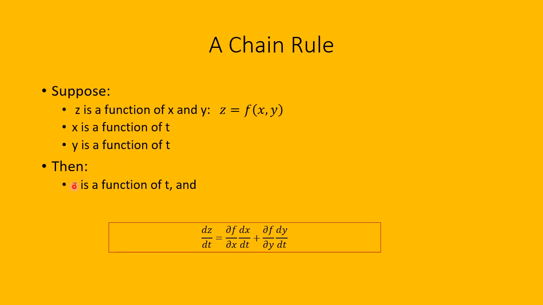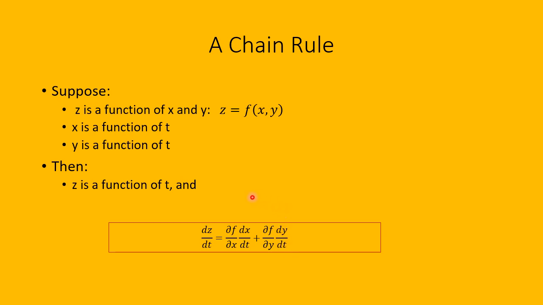Then we can consider z to be a function of t, and here's how we can find the derivative of z with respect to t. The derivative of z with respect to t equals the partial derivative of f with respect to x times the derivative of x with respect to t, plus the partial derivative of f with respect to y times the derivative of y with respect to t.